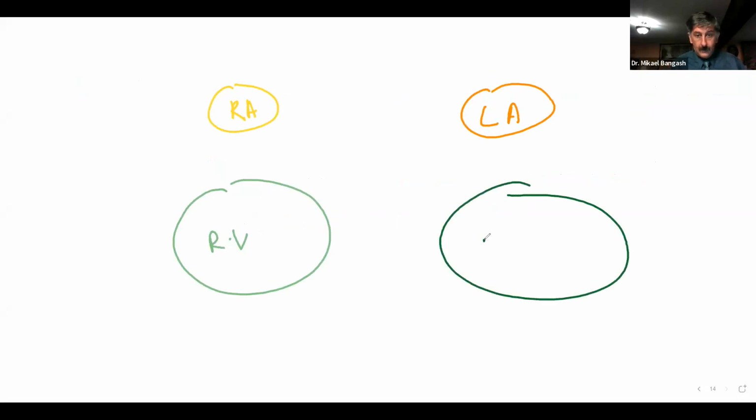We have a right ventricle, and we had a left ventricle. Here, between the right atrium and right ventricle, we had a valve that we call the tricuspid valve.